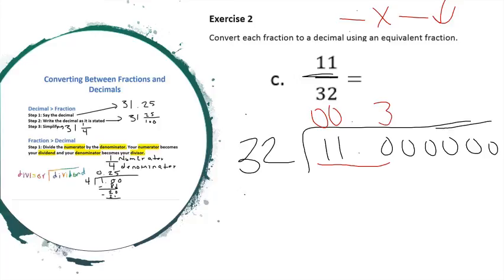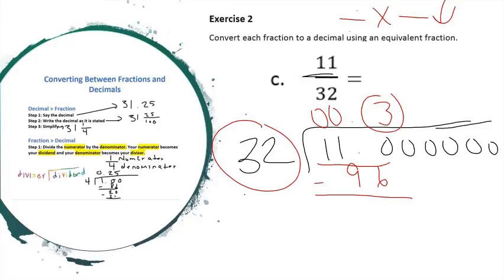So if I multiply 3 times 32, that gives me 96. Now I subtract. So now I do 110 minus 96 equals 14. Then I bring it on down, bring it on back, divide. How many times can 32 go into 140 without going over?